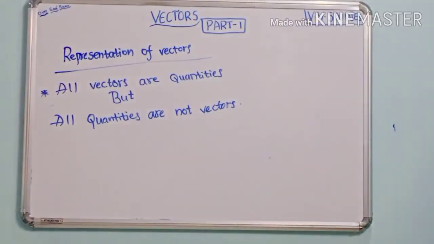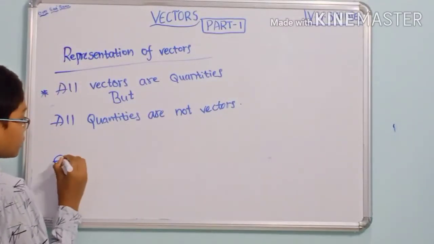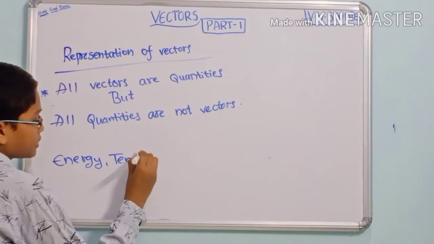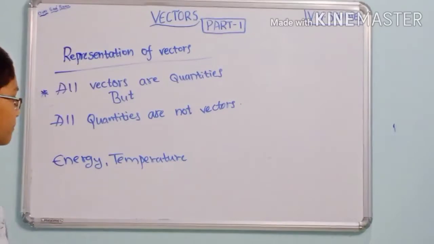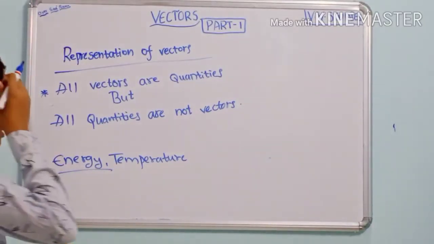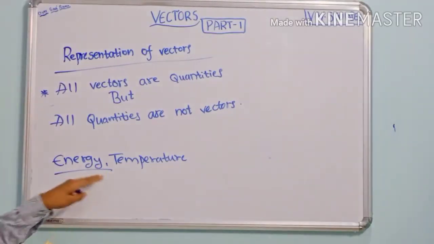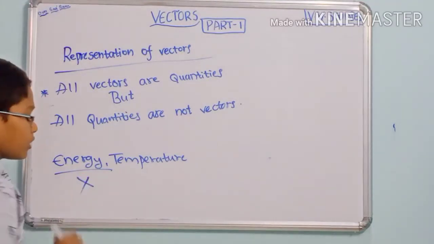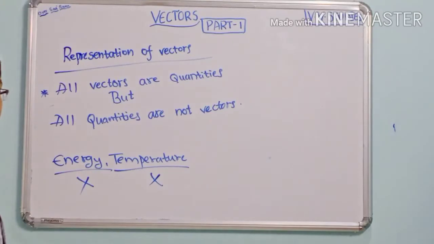See, how can we tell this? Okay. Before I told you two examples, energy and temperature. First we will take the example energy. It has direction and magnitude, but it does not follow the parallelogram law of addition. So these are not vectors.